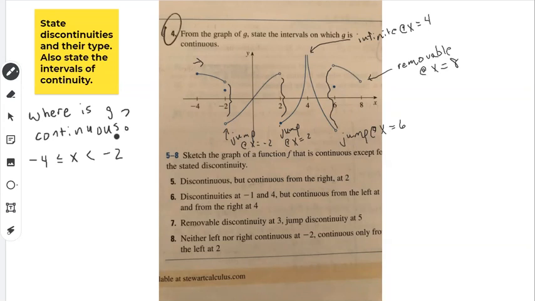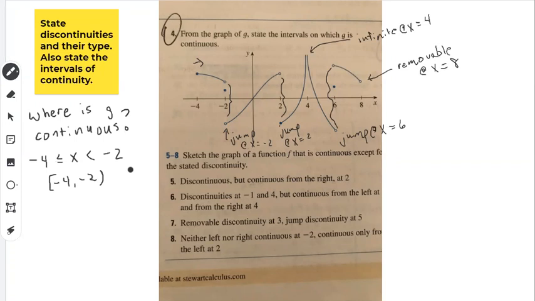If x is on that interval, then it is continuous, right? And we're going to include -4 within the interval. You could also write it like this, -4, -2, and then close it up with parentheses, because we're not going to include -2 because the function isn't continuous at -2. It is at -4, right? But not at -2. So that's the first interval of continuity.